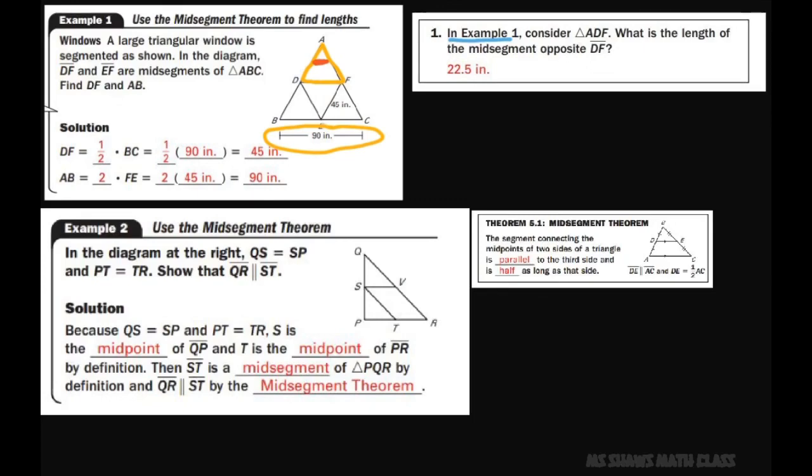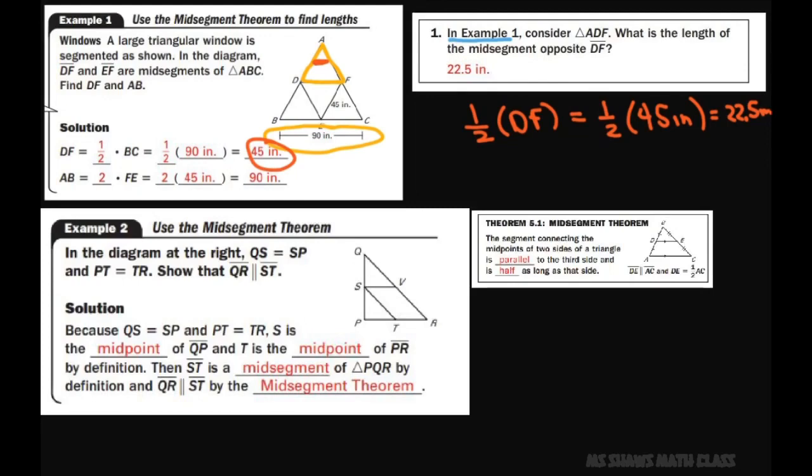You're going to take our formula and say that's going to be 1/2 of DF. Well, DF is 45 inches, so that equals 1/2 of 45 inches, which equals 22.5 inches. And I'm running out of room, but 22.5.